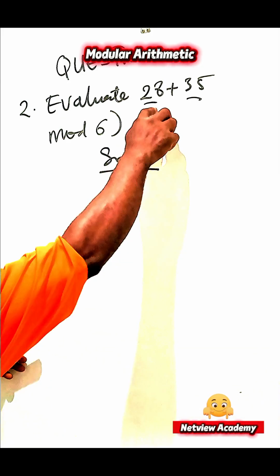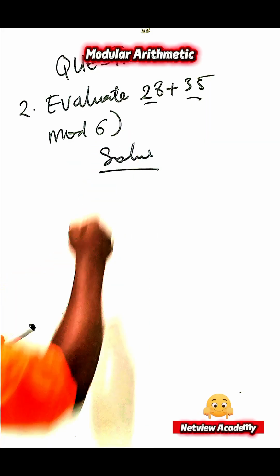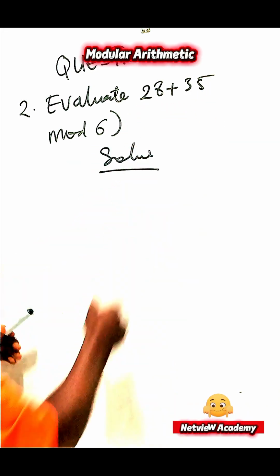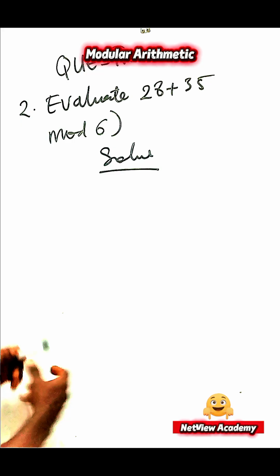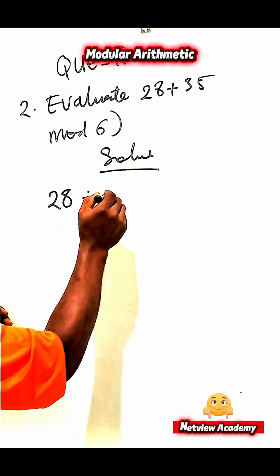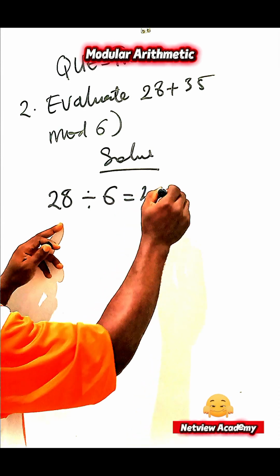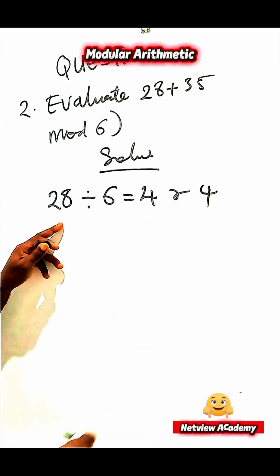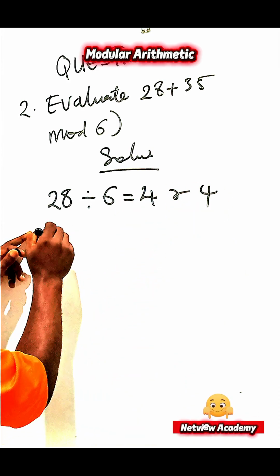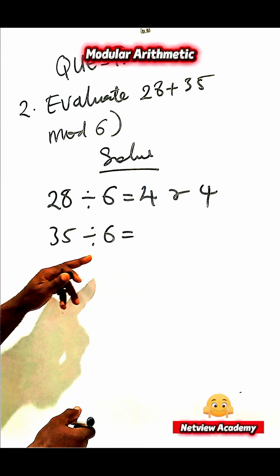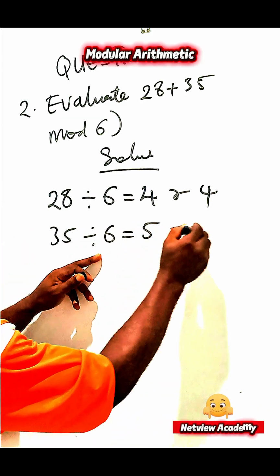So here we have 28 plus 35 mod 6. So the first thing we need to do is look for the remainder of these two values. 28 divided by 6 is equal to 4, and the remainder is 4. 35 divided by 6 is equal to 5, and the remainder is 5.